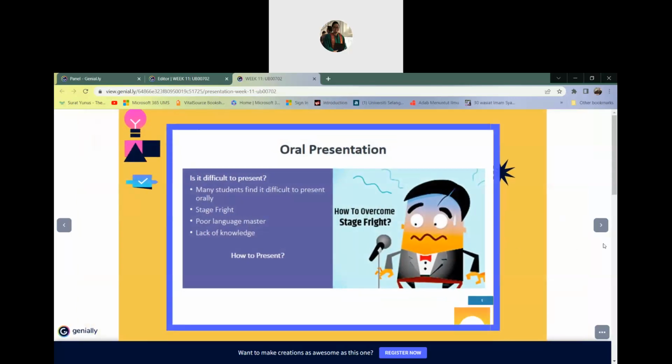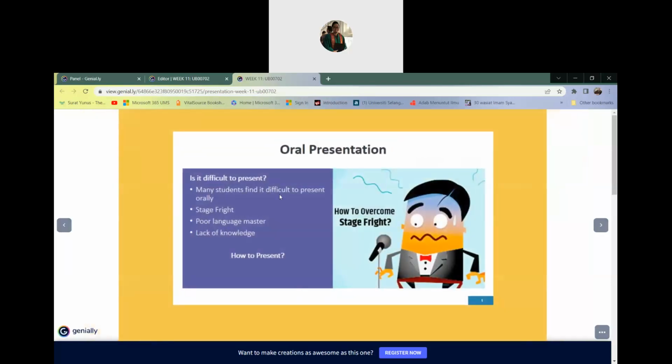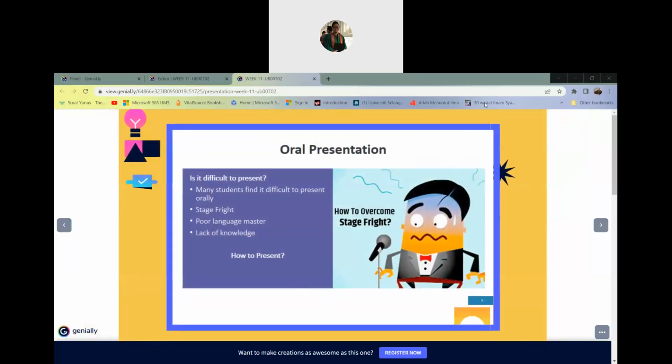I'm not going to talk about stage fright, but of course this is mostly related to public speaking. Sometimes when you are asked to come to the front, you are nervous. I can still remember that most of you were nervous when I asked you to come to the front, perhaps because you're not used to it, you are meeting new people, and the language, and you probably are not prepared, so you are lacking in knowledge.